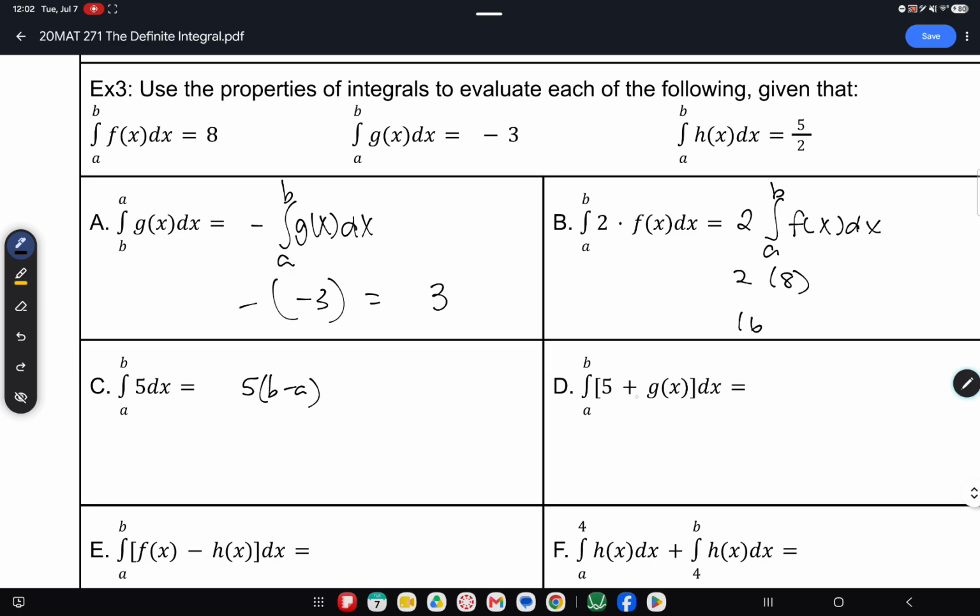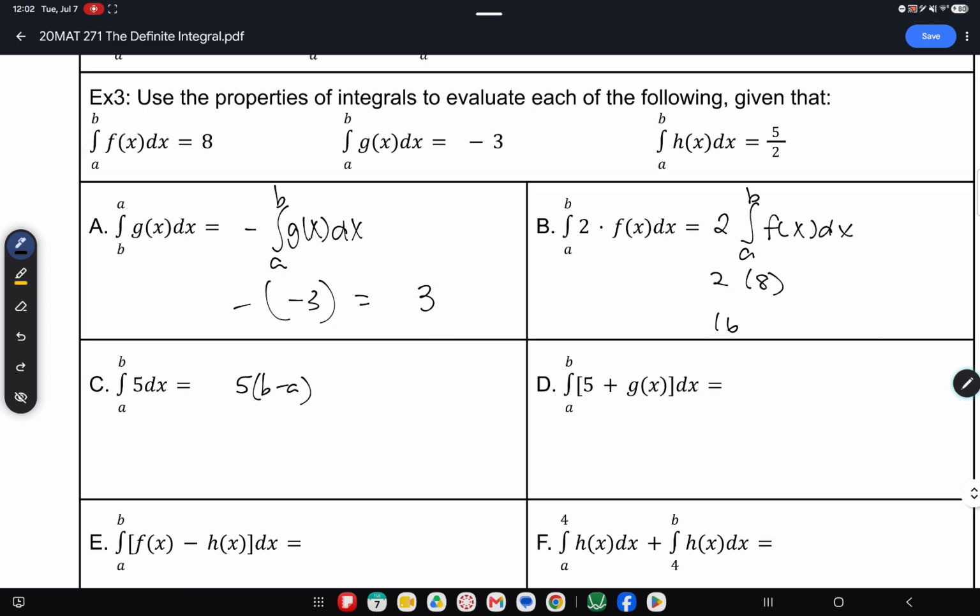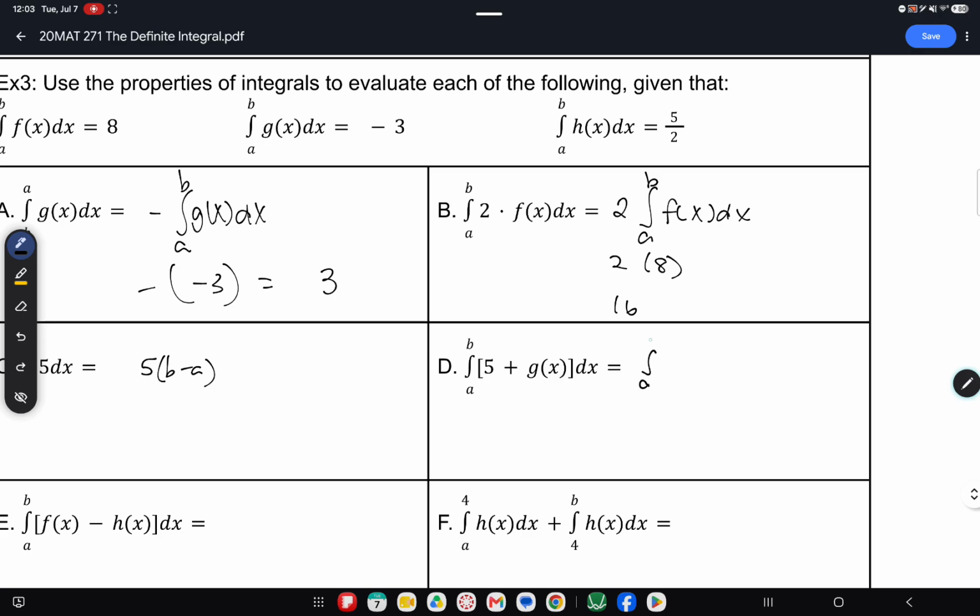And then we have a sum here, so I can separate that and say the integral from a to b of 5 dx plus the integral from a to b of g of x dx, which we know is -3. And we just did this one in the problem right before, so it's 5 times b minus a. To clean that up a little bit, we'll make that 5 times b minus a minus 3.